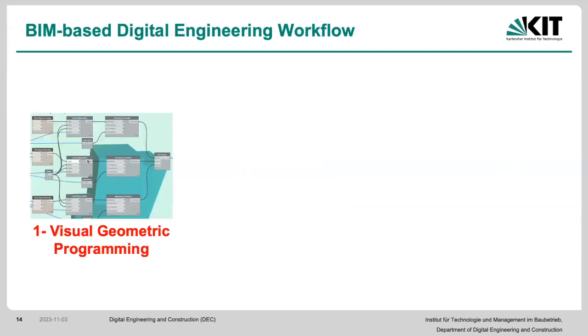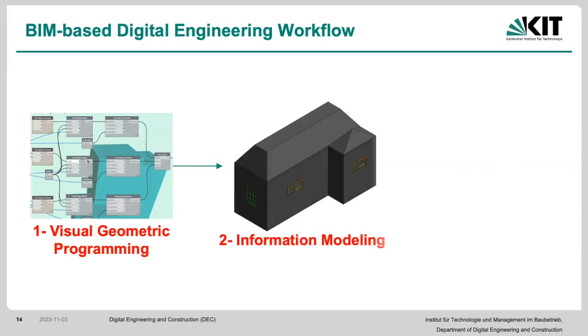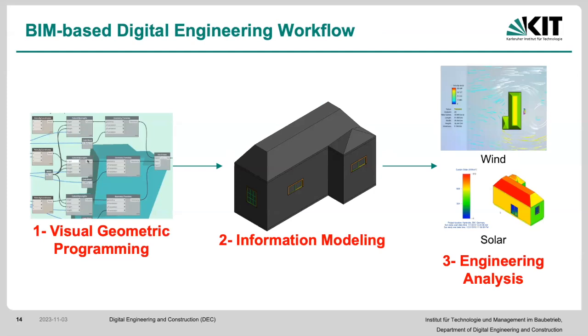Okay, BIM-based digital engineering. I gave a very simple way of, okay, we start from visual geometric programming. We add whatever information we want, however way we want, again, with intention of what we want to use it for at the end. We then have the ability to perform various different types of engineering analysis.